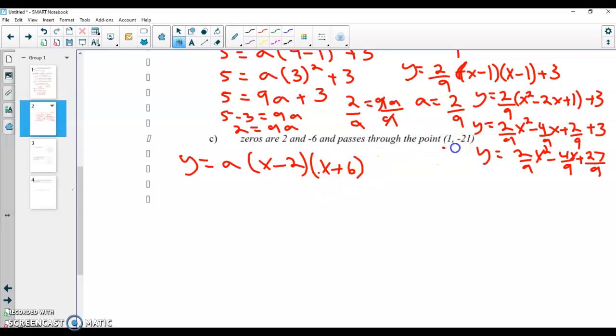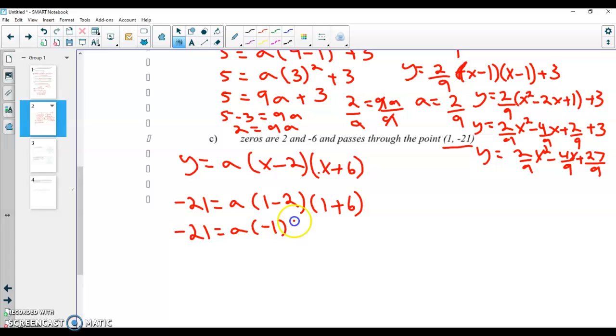And we can use this point here to solve for a by plugging our point into the appropriate areas. So our y is negative 21 is equal to a, and our x is 1, so (1 minus 2), and then (1 plus 6). And we're going to get negative 21 is equal to a times negative 1 times 7.